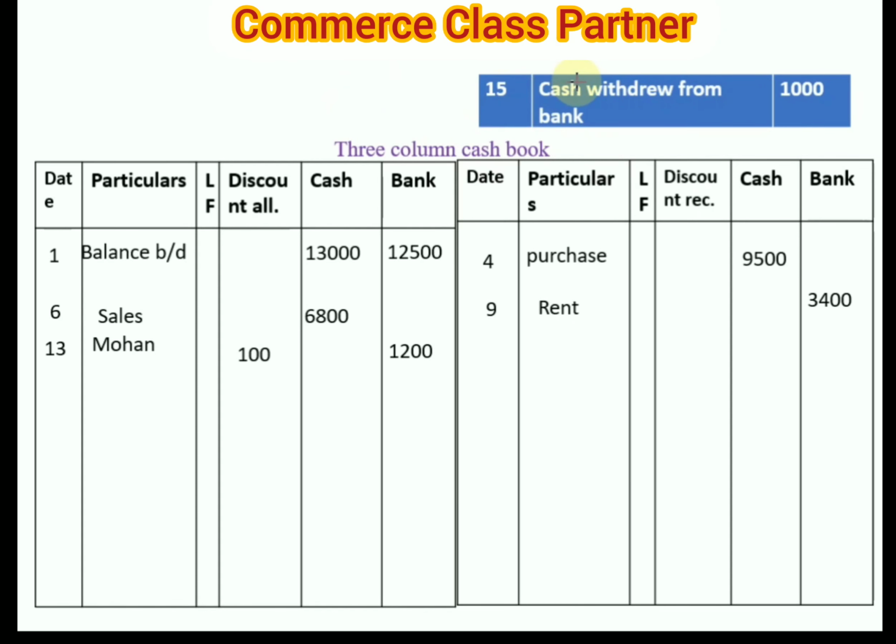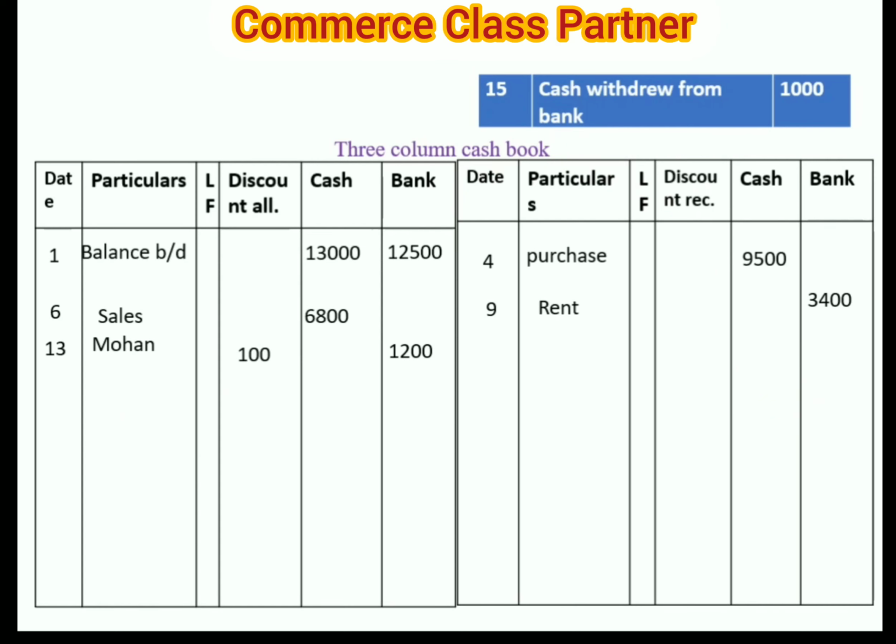Both transactions are called contra entry, because both cash and bank are there. When we are posting a contra entry, special care should be taken. In a contra entry, both the debit and the credit side should be entered.